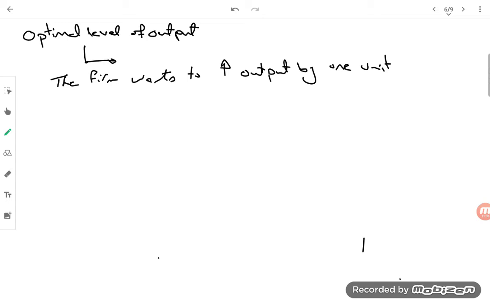In this case, we have to think about factors of production that will be used in order to increase this unit of output.